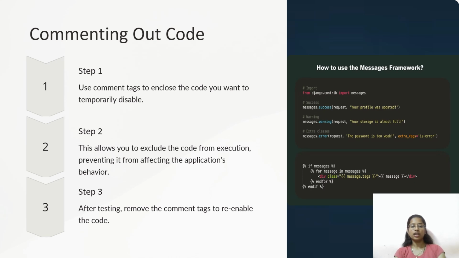The next is this allows you to exclude the code from execution, preventing it from affecting the application's behavior. And the last is, after testing all this, you remove the comment tags to re-enable the code.